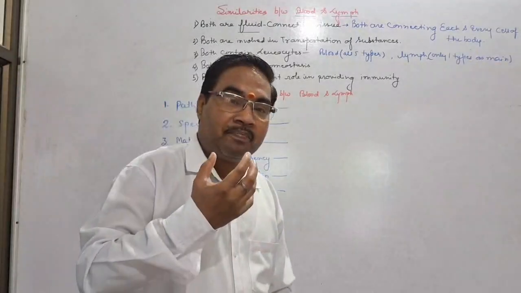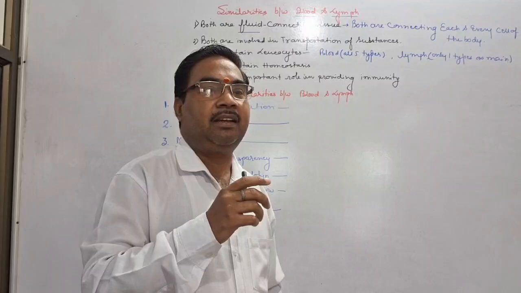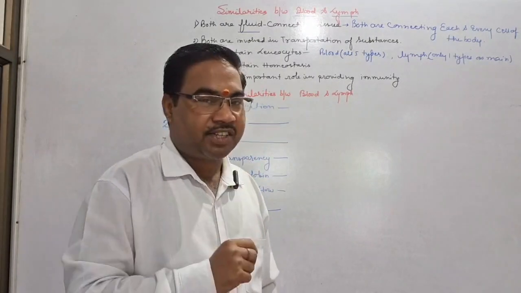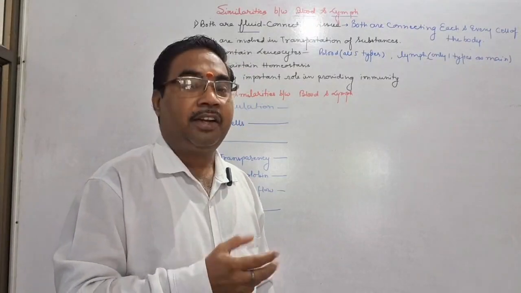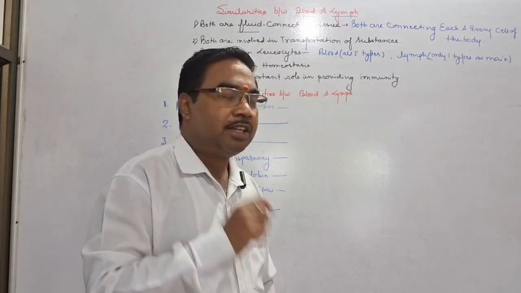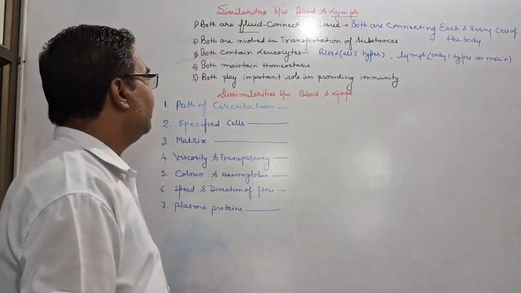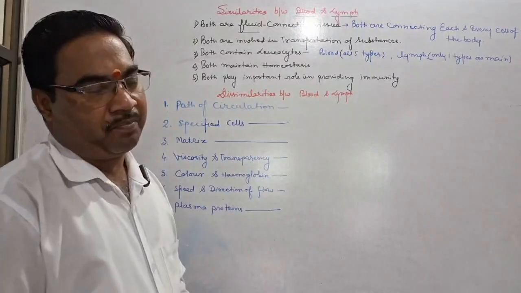What is blood actually doing? Blood is maintaining the concentration of different types of metabolites and chemicals in the body, and the temperature of the body. That's why homeostasis is done by blood as well as lymph. Both also play an important role in providing immunity.